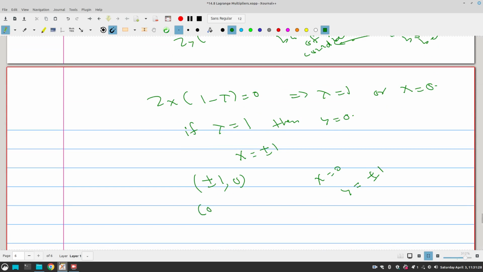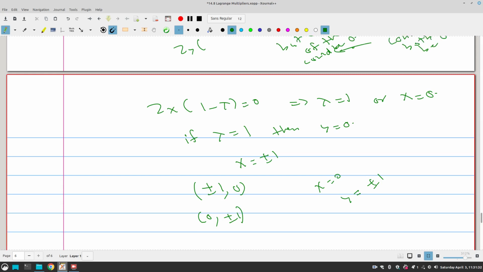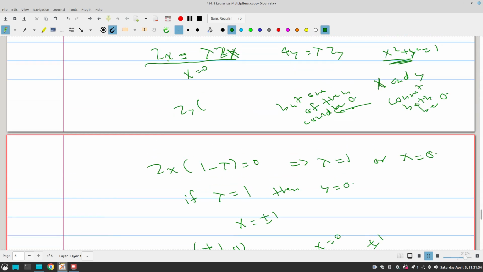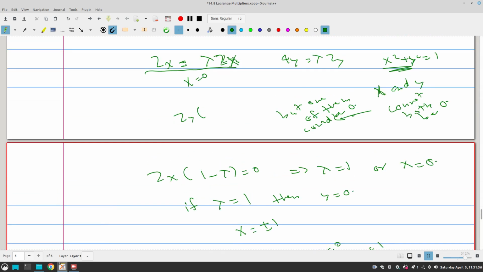So we found another critical point, 0 plus or minus 1. And if y equals plus or minus 1, you have plus or minus 4 equals lambda times plus or minus 2, so lambda equals 2. It's not really necessary to find lambda, but that's what it equals.